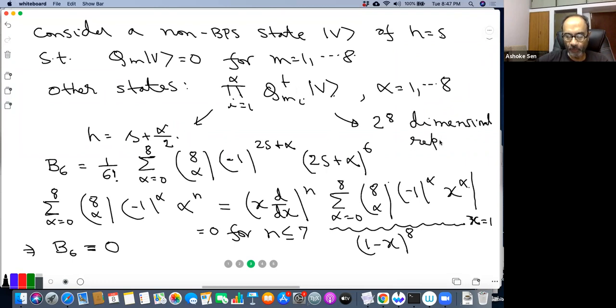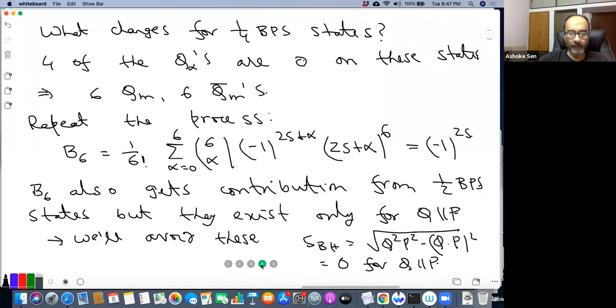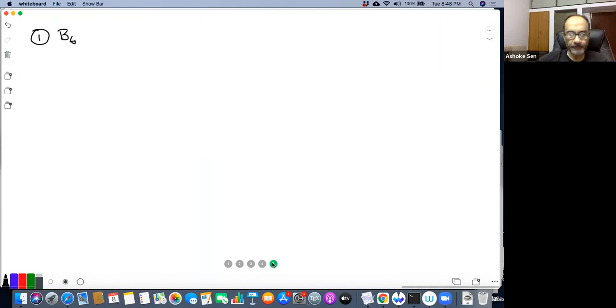This is sometimes called a long representation. These are representations of the supersymmetric algebra. Whereas the quarter BPS states give you a 2 to the 6 dimensional representation, which is also sometimes called an intermediate representation. So these are different kinds of representations.